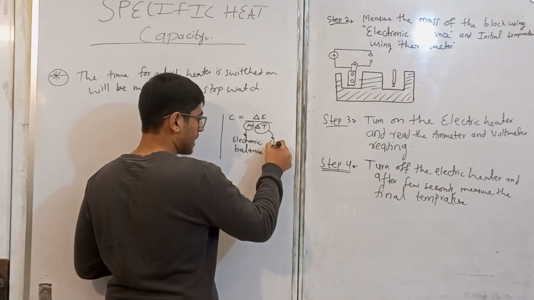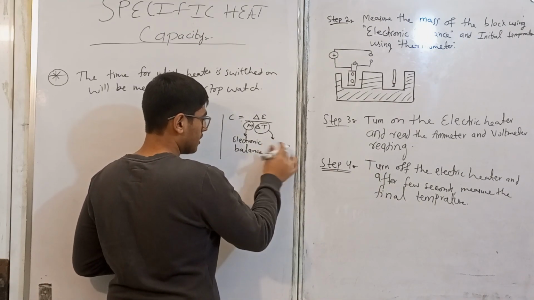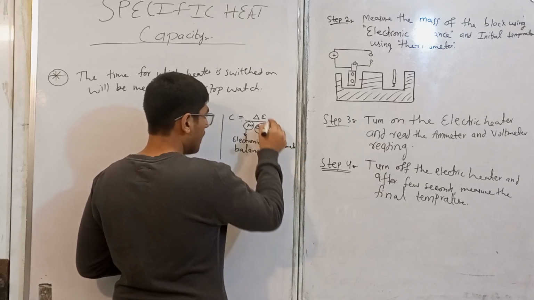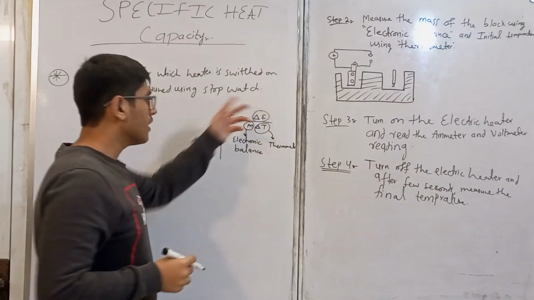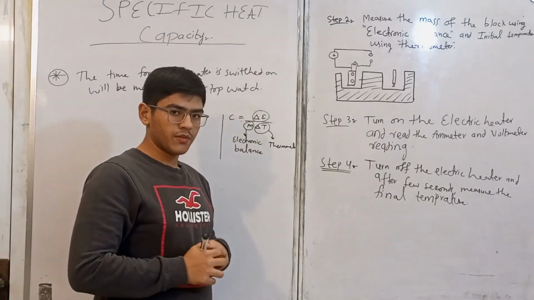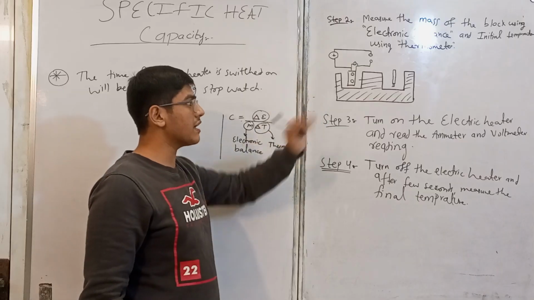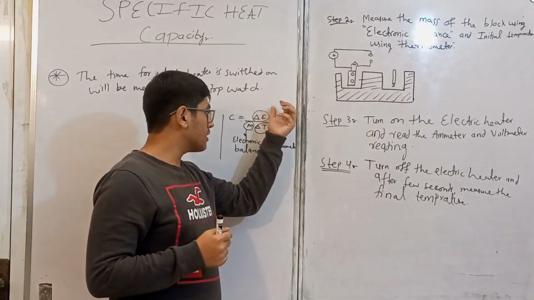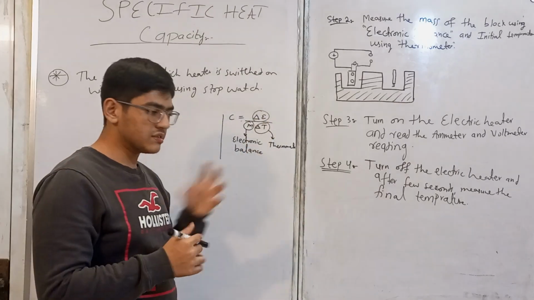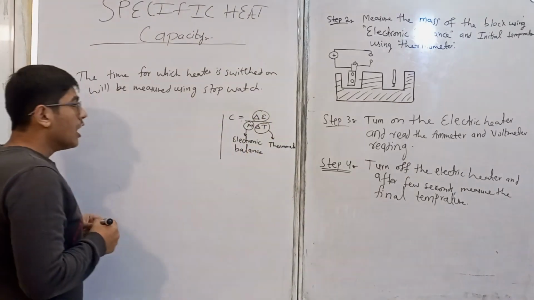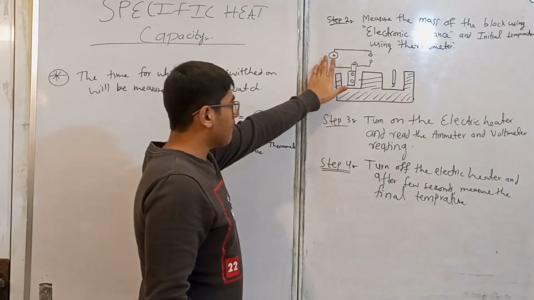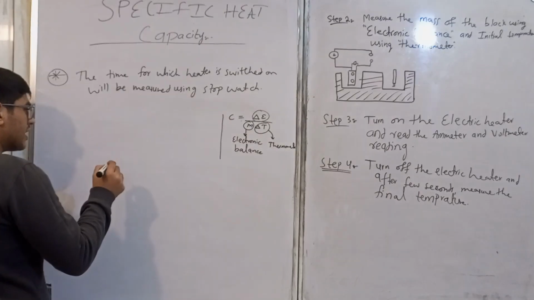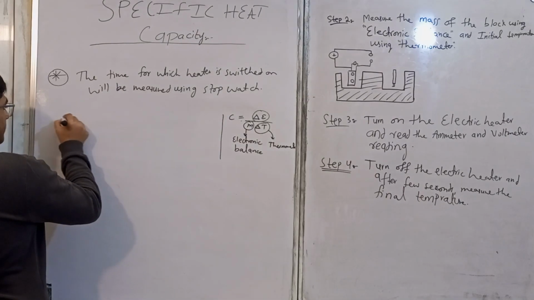We have measured the change in temperature using a thermometer. But the problem is the change in energy, because we will not be given the data that the change in energy is particularly this. So for this reason, we have connected an ammeter and voltmeter, and we will use another formula to calculate specific heat capacity.